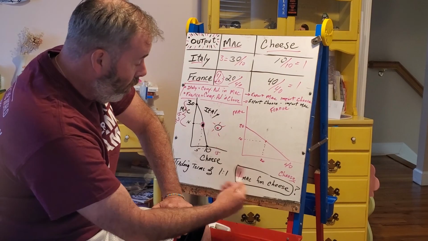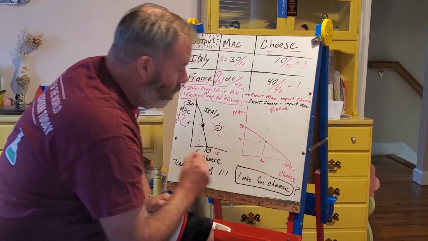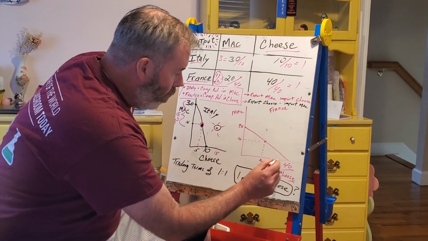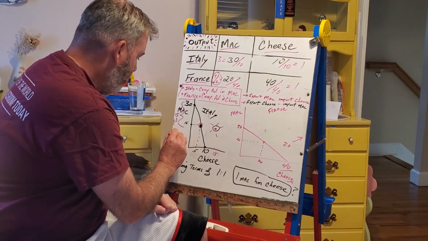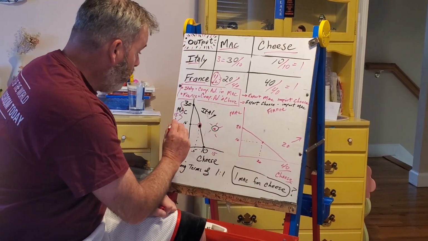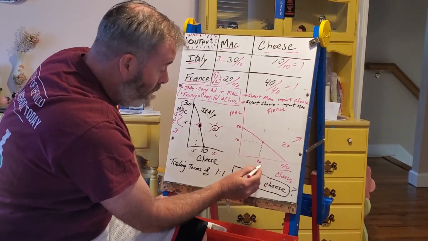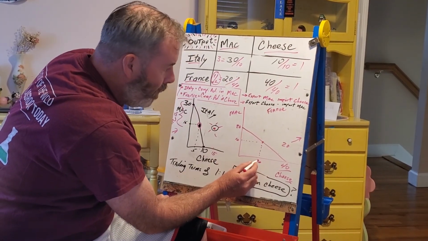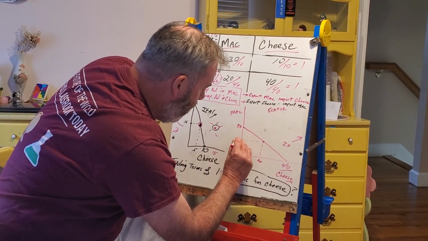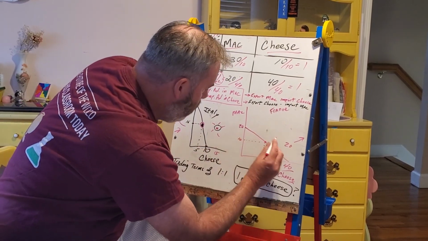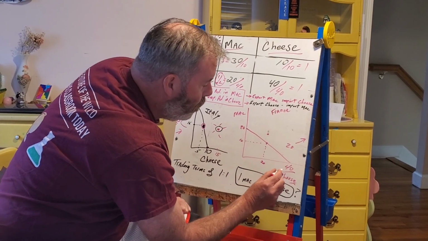All right, same thing, 1 for 1. Let's say France produced 40 units of cheese. Let's say then it sold 20 units to Italy for 20 units of mac. So now they sell off 20 units of cheese, but because of trade, they can enjoy more than 10 units of macaroni. Just to reiterate, they produced 40.